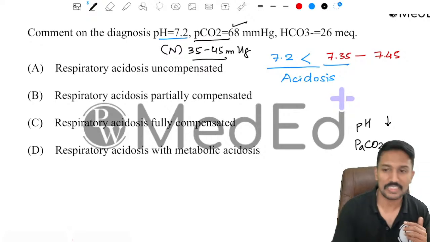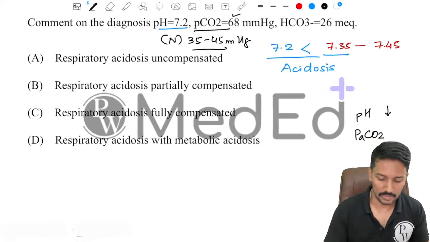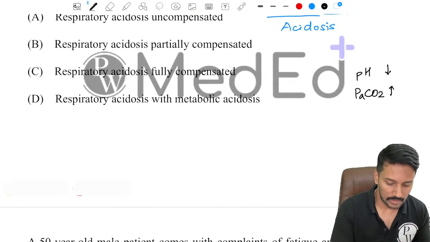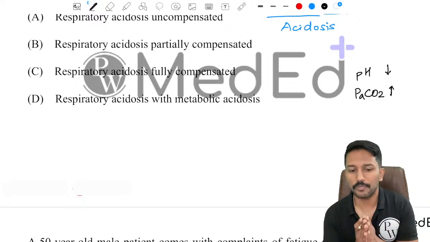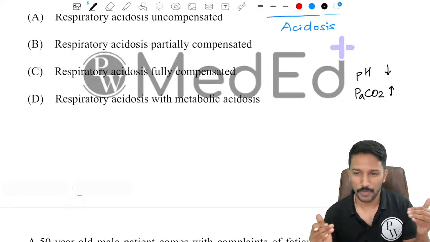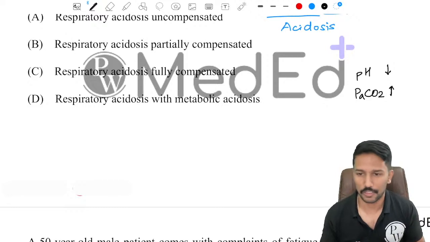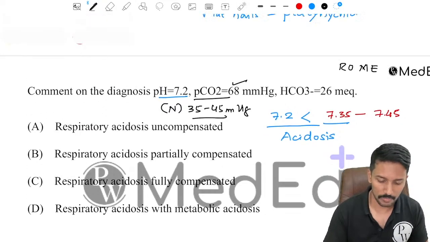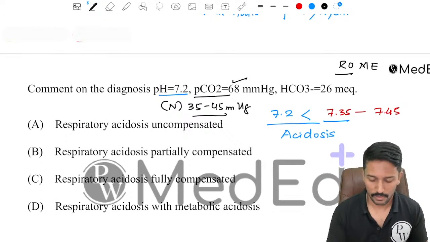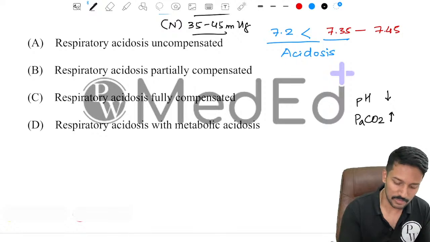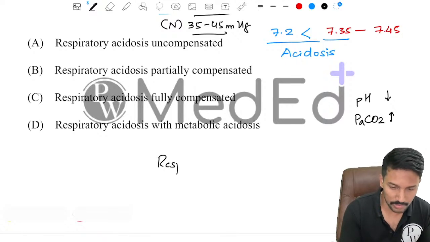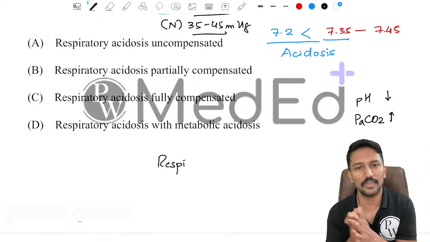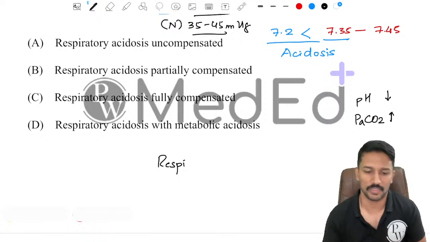Here it is 68, that means it is increased than the normal range. Now both of them are in the opposite direction. They are facing each other. They are not in the same direction. So when they are in the opposite direction, it becomes respiratory. So now what is this condition? It is respiratory acidosis.